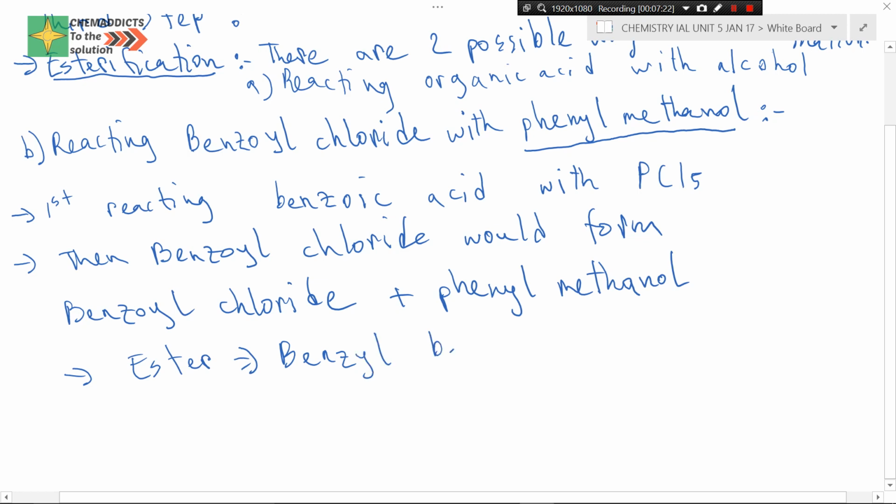All right, so that's the procedure for the third step, an alternative procedure to the third step. Finally we get the ester. Since the ester is formed, the observation would be the same as the first one.